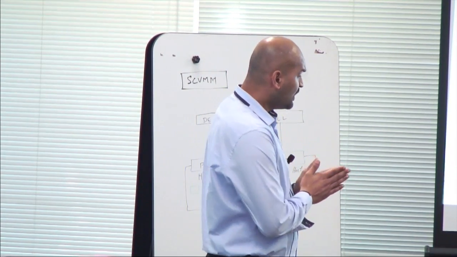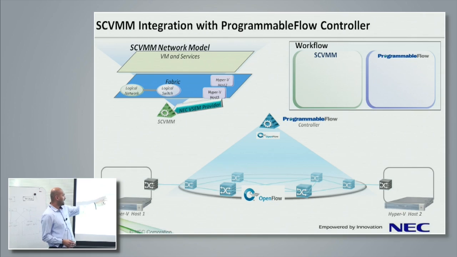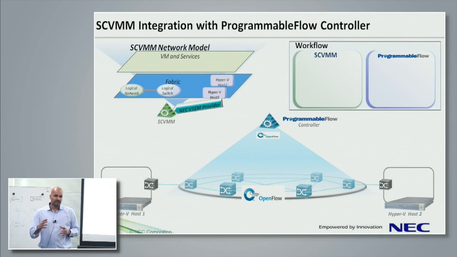Now that we know what a VTN is and how to create a VTN, let's look at the integration of our controller with the Microsoft System Center. As I described earlier, NEC has created a plugin called the VSEM provider. It is a plugin installed inside the System Center Manager.